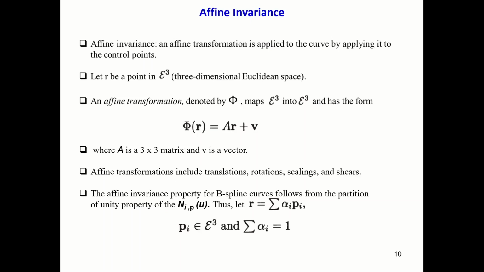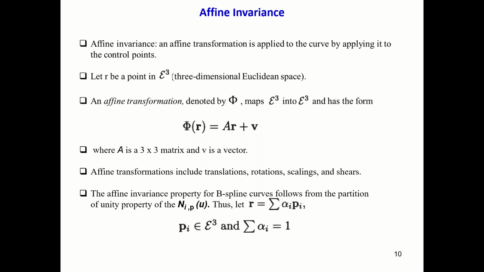Affine invariance. Affine invariance means an affine transformation is applied to the curve by applying it to the control points. Let us assume R is a point in Euclidean space E^3, that is, three-dimensional Euclidean space.